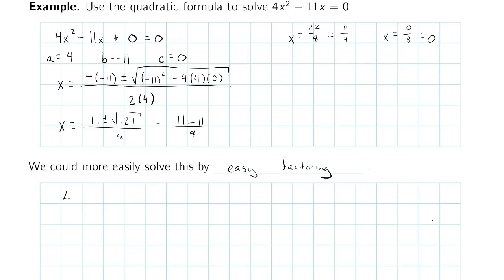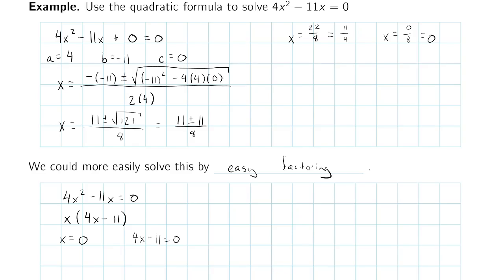Right? We have 4x squared minus 11x equals 0. We see that the left-hand side has a common factor of x. So this is just x times 4x minus 11. We can either have x equals 0 or 4x minus 11 equals 0.